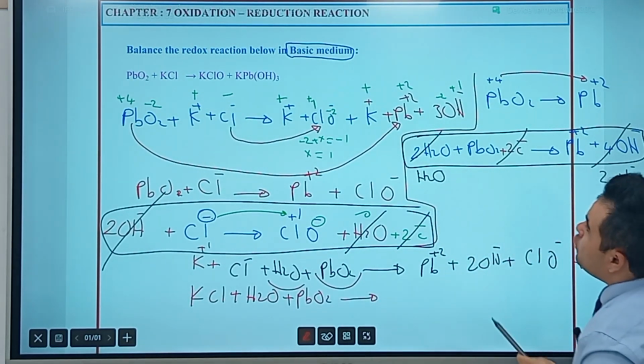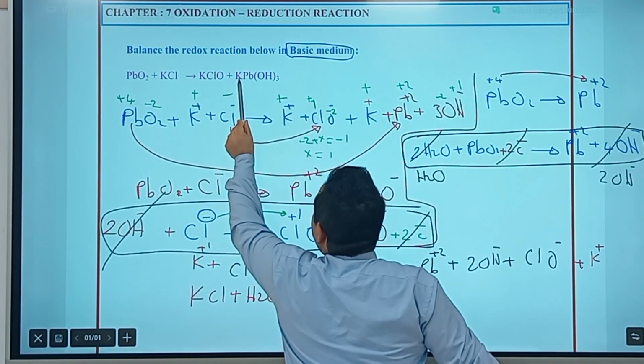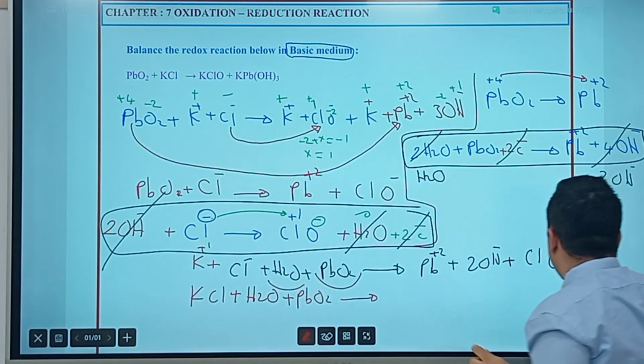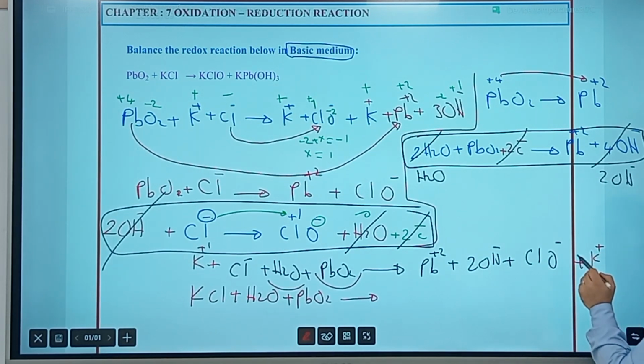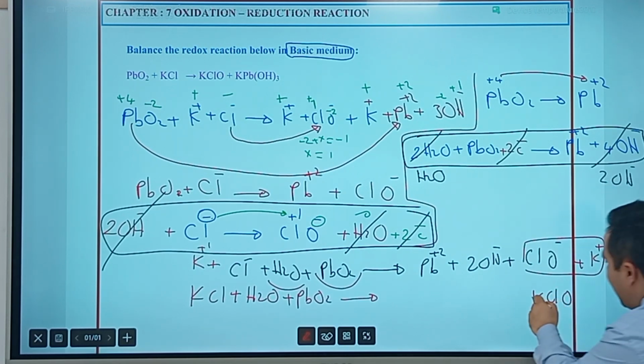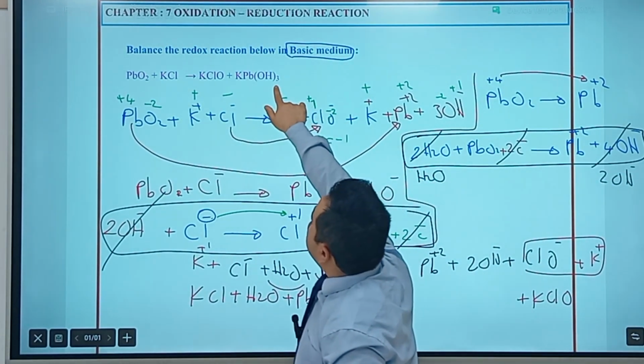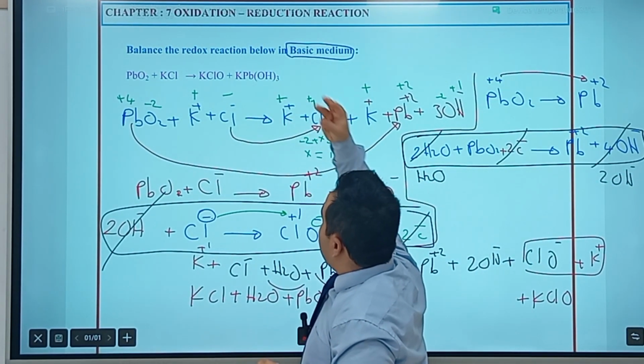In the product, what do we have? We have K with ClO, K PbOH by 3. This K we added with the ClO combined to form what? KClO. Okay. Plus, how many hydroxide in the structure do we have? 3.